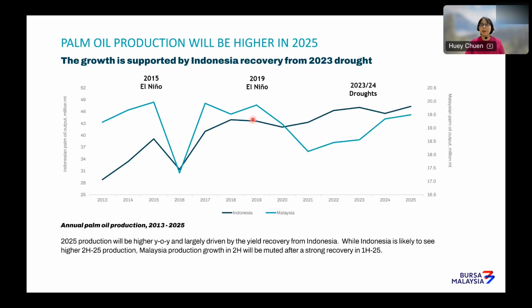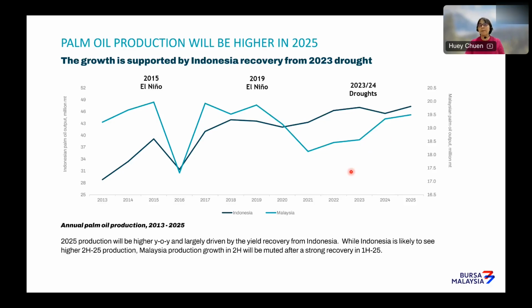Recall that, as I mentioned, during 2020 and 2021, 22, during the COVID time, we did not have the labour, so the production dropped very sharply. In 2023, 24, did we suffer the El Nino? Yes, but it's not so bad compared to Indonesia. Indonesia had the worst drought compared to Malaysia. At the same time, Malaysia started to get the labour coming in from the end of 2023 and more coming in 2024.